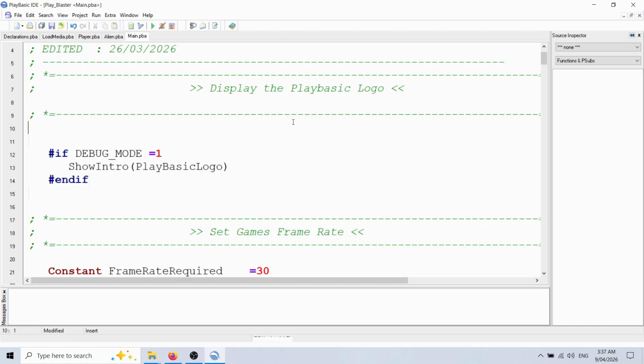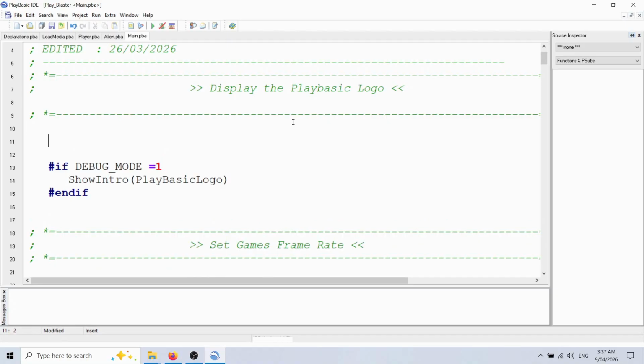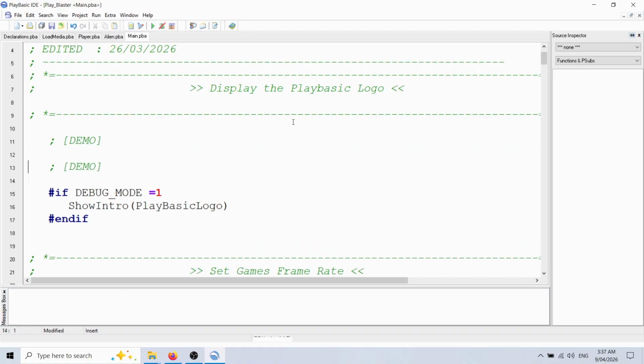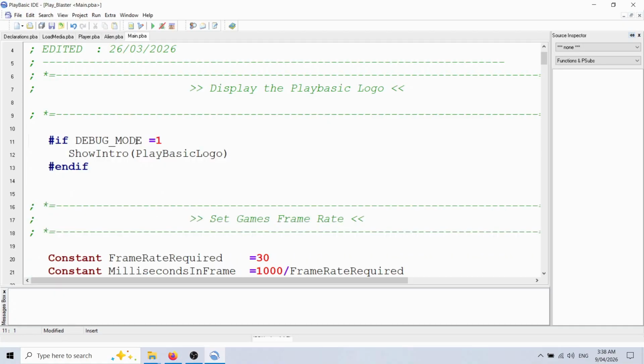So the builder has these instructions hidden behind comments, like in every project I've written from the assembly days onwards. This might mean this code only exists in the demo, and if it's not the demo, it just strips it out.